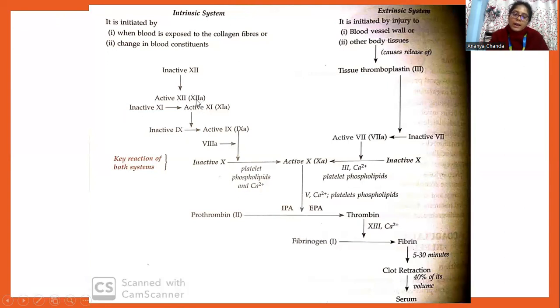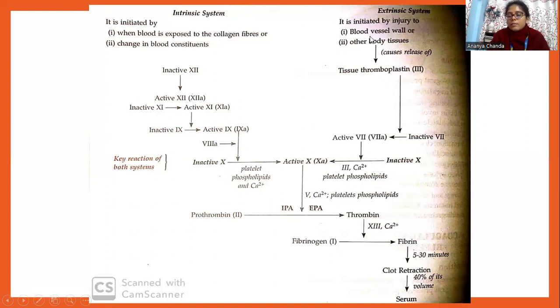This activated factor 12 activates factor 11. Activated factor 11 activates factor 9, the Christmas factor, into its active form. Then the antihemophilic factor, factor 8, initiates the activation of Stuart-Prower factor, that is factor 10.